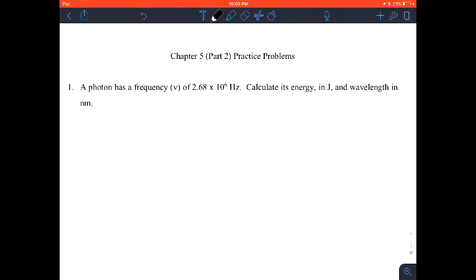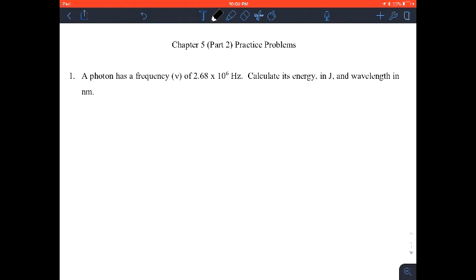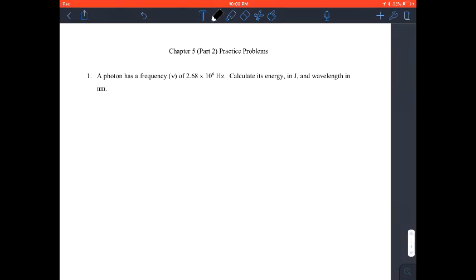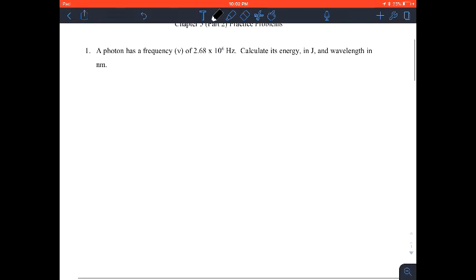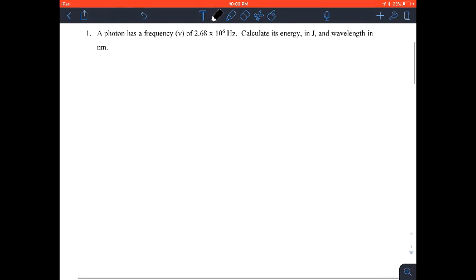Problem number 1 reads, a photon has a frequency of 2.68 times 10 to the 6 hertz. Calculate its energy in joules and the wavelength in nanometers. As with any word problem, you always want to start with the basics: underlining everything that's important and double underlining the question, or in this case, the questions.